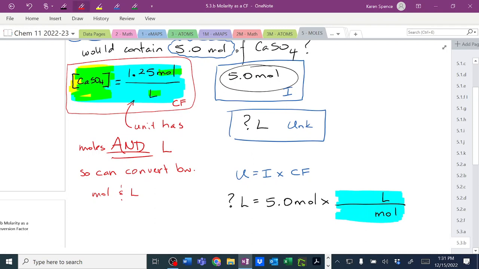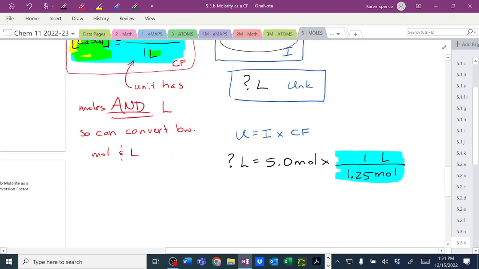I'm going to put 1 liter because there's nothing in front of the liters, so that would be just 1 liter. And I'm going to write 1.25 moles on the bottom. Moles cancel out, and all we're left with is liters. So that's 5 divided by 1.25, which is 4. So that's 4 liters.